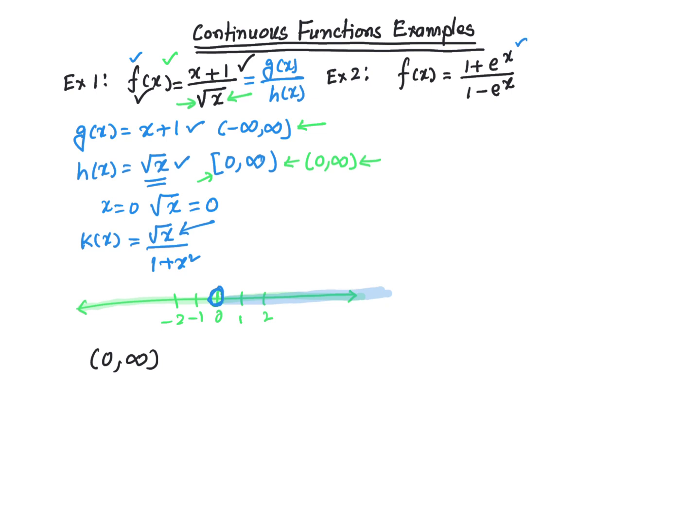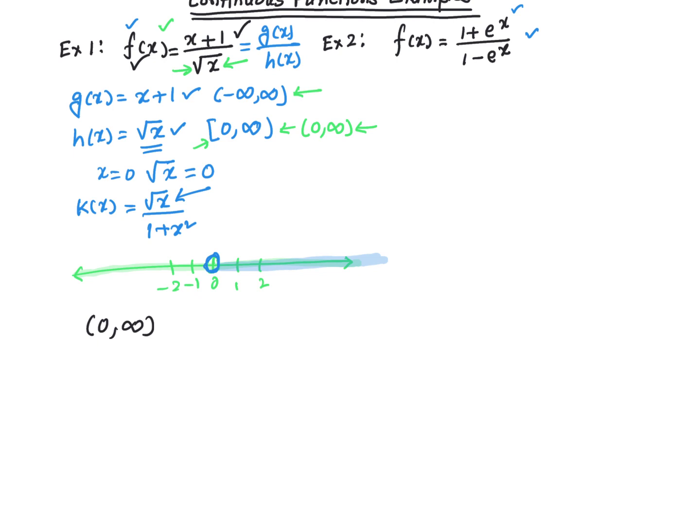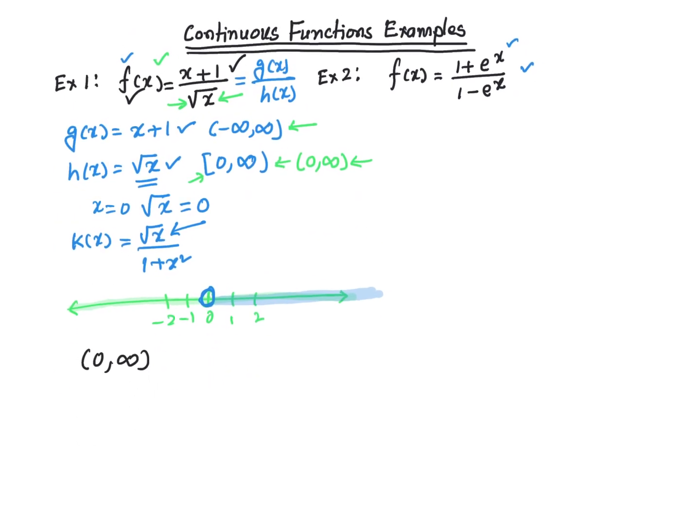Now let's go ahead and talk about the second example, which is f of x is equal to 1 plus e to the power x over 1 minus e to the power x. As you know, exponential functions are continuous everywhere, okay? And also not only continuous, they are non-zero. So let's sketch it for you so that you remember: the exponential function looks like this.